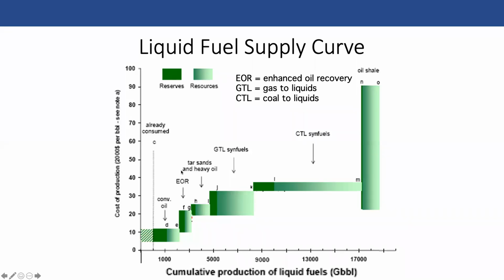And there are reasons why we would do enhanced oil recovery and other types of things even before running out of conventional oil, because there is some extraction using EOR and tar sands even today, and that would have to do with regional constraints, trade constraints, that sort of thing. So hopefully that answers your question.